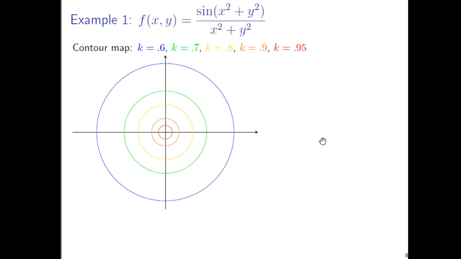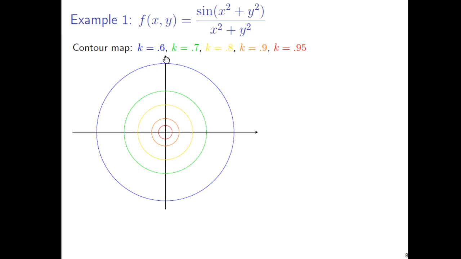So for example, let's look at f of x comma y equals sine of x squared plus y squared over x squared plus y squared. Here's a contour map. I'm not expecting you to exactly know what the graph of this looks like. We are taking the earlier picture and doing a two-dimensional version of this.